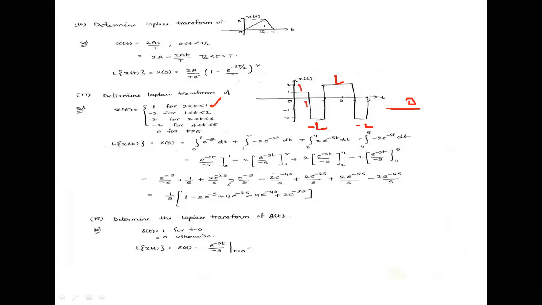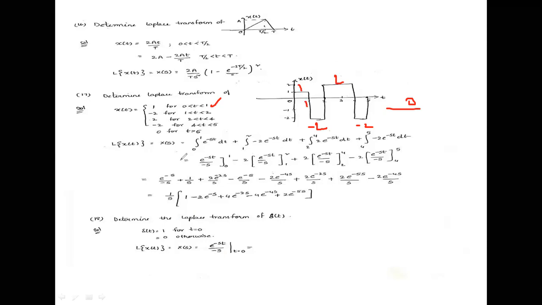Okay. All the terms we have, see the 1 by s is common. So 1 by s is a 1 minus 2 into e power minus 2s by s, because these two get cancelled, e power minus 2s. e power minus s by s is a 2 e power minus s.